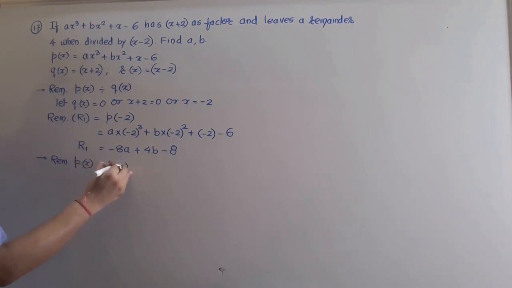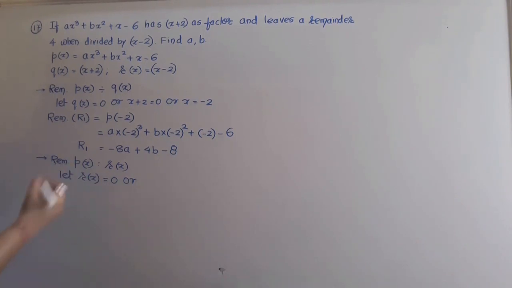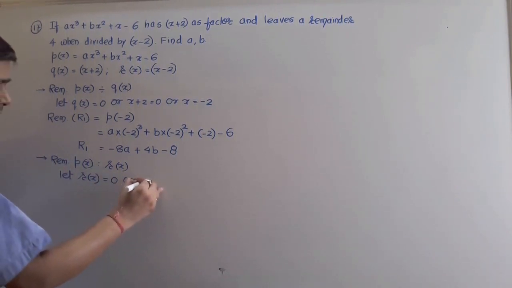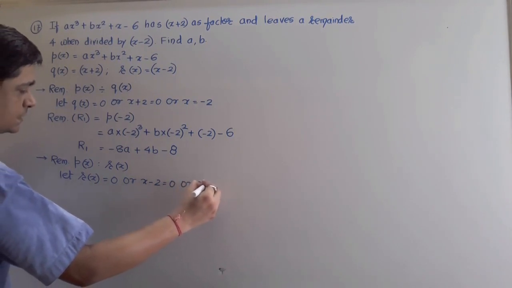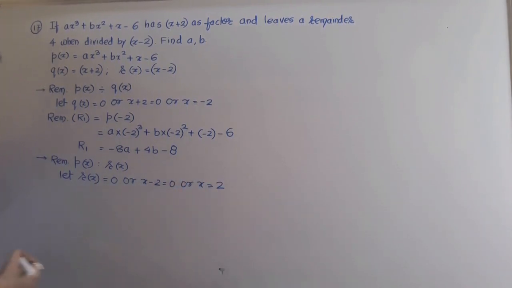Okay, so for that, first of all, r of x is my divisor, so r of x I am keeping equal to 0, or I can say what is the value of r of x I have, that is x minus 2, so x minus 2 equal to 0, or I can say that the value of x will be equal to 2. So therefore what can be the remainder? Remainder I will suppose as r2, and this will be found by putting the value of x equal to 2 in p of x.